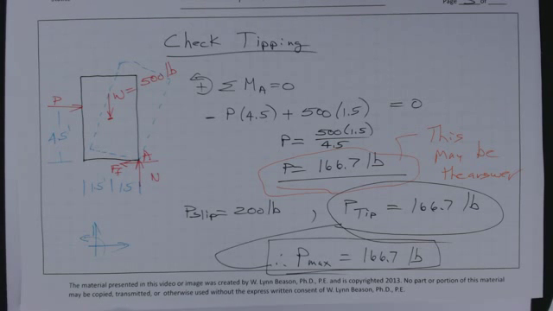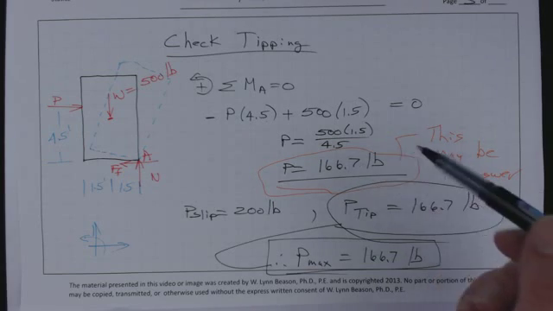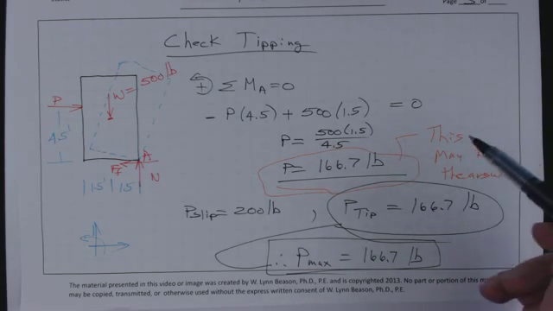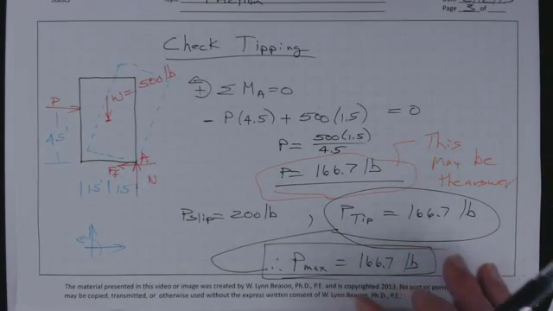Once we know the normal force, we could have then calculated the required coefficient of friction, which would be 166.7 over the normal force, which we already know was 500. And we would have found out that the required coefficient of friction is significantly less than 0.4. So that would have led us to the conclusion that tipping would have been the failure mechanism.